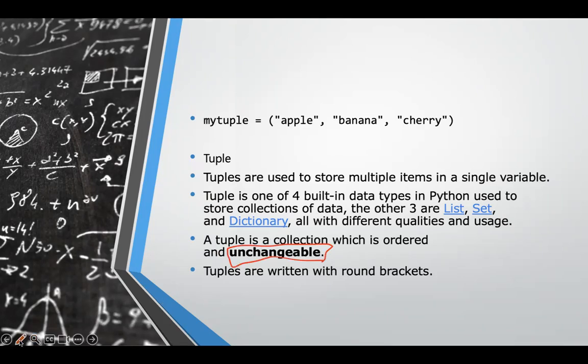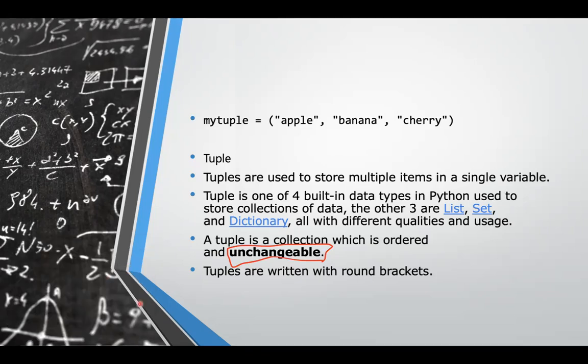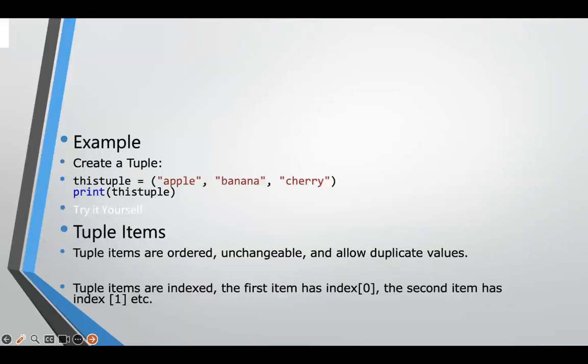They mean the data you have in the tuple is unchangeable. Once you have it in, you cannot change it, and it's ordered, so you cannot distort it. A tuple is also written with a round bracket, as I've mentioned. This is the round bracket here. These are the things you use to identify a tuple.